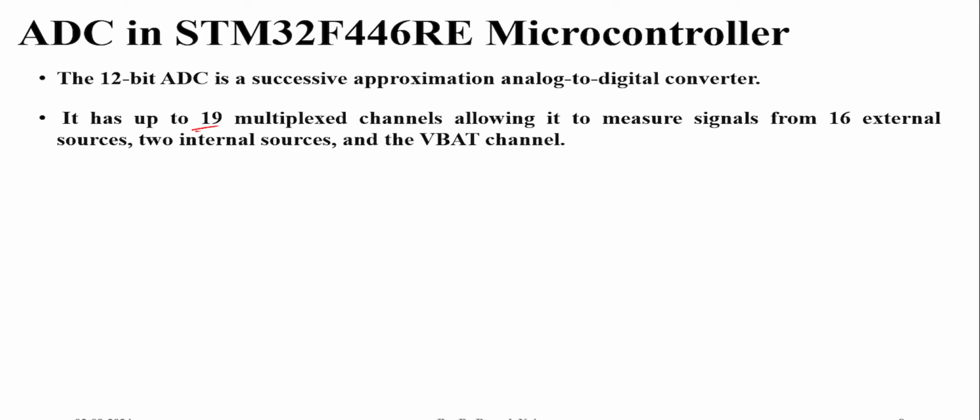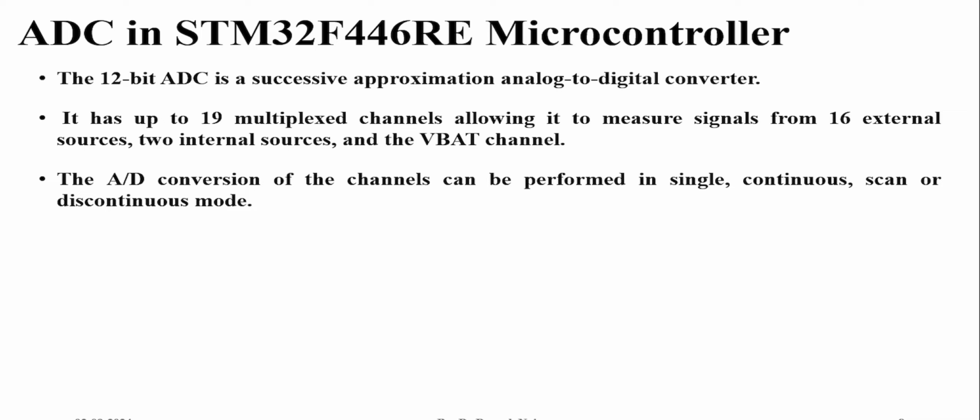It has up to 19 multiplexed channels. That means we can have 19 channels to convert analog signals to digital signals, allowing it to measure from 16 external sources. So we can directly connect 16 sensors, 2 internal sources, and 1 VBAT, that is the line which will measure the voltage of the battery connected to the microcontroller.